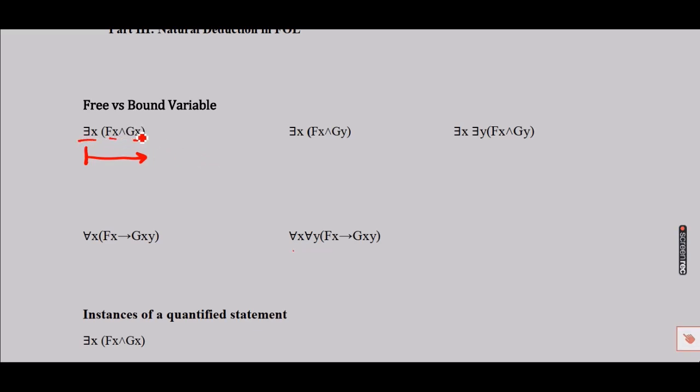So we say that these variables are being bound by this existential, right? Whereas here, we have existential, the scope extends to here, the x is being bound by this existential, right? But this y is not in the scope of any quantifier associated with y. So we say that y is a free variable.